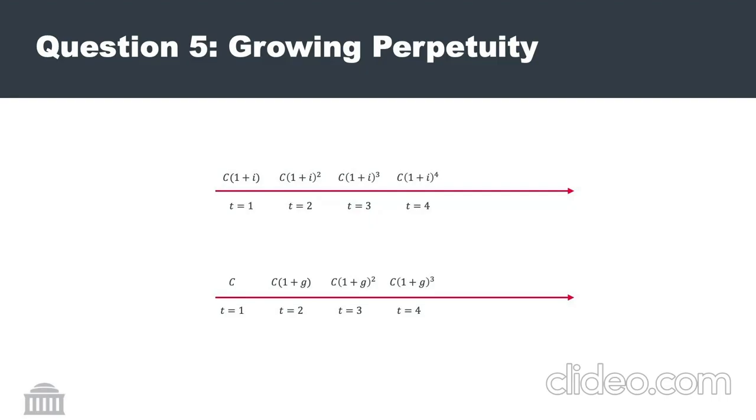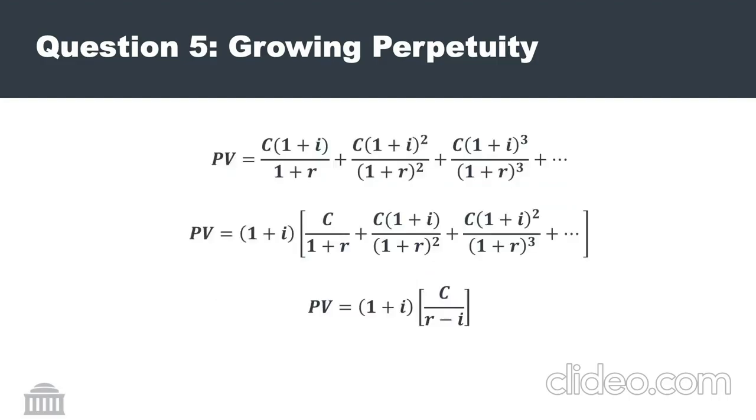To see this, let's write down the present value of our stream, which is present value equals C times 1 plus I divided by 1 plus R, plus C multiplied by 1 plus I squared divided by 1 plus R squared, and so forth. Factoring 1 plus I out gives us the following expression.